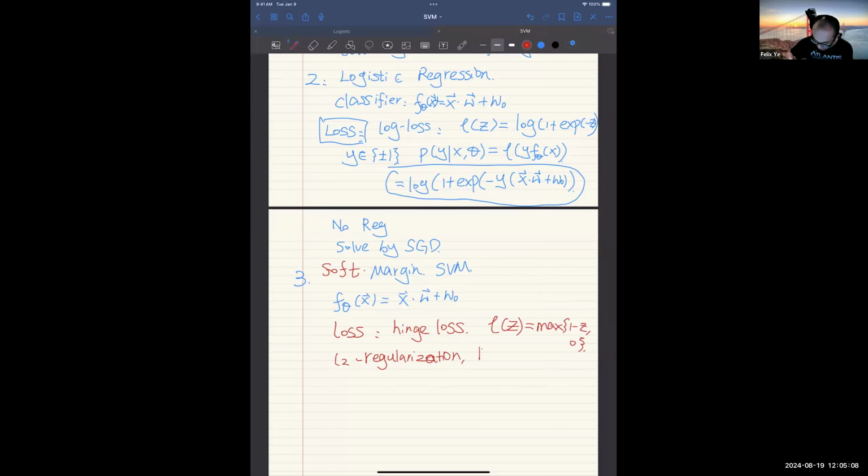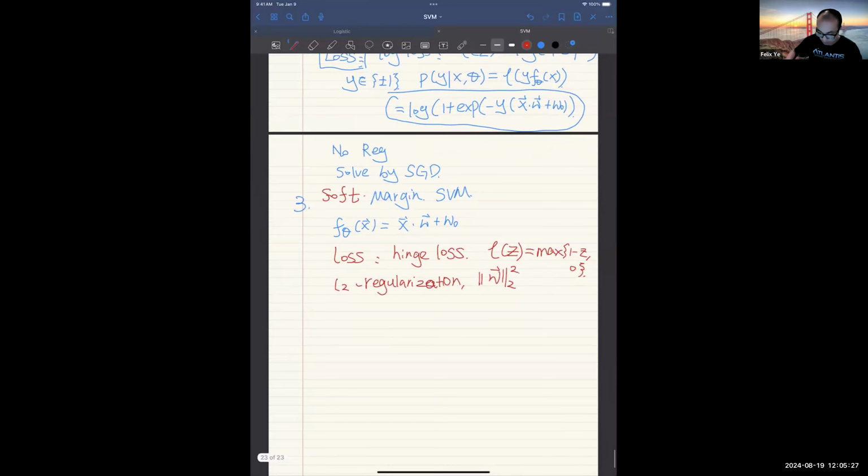So that means I'm adding this square of 2 norm of my weight W. And what the soft margin SVM is doing is minimizing the hinge loss with my L2 regularization.